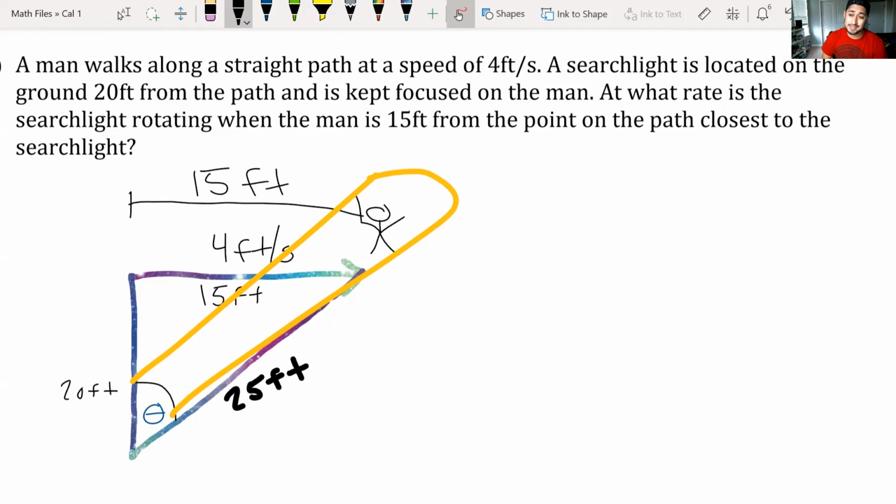So from our angle, we have to figure out what function could represent it. We can start first with sine. If I say sine of theta, remember sine puts opposite over hypotenuse. So sine puts 4 over 25, which doesn't really cover what we need it to do. Or even better, remember I said don't plug in values, because that's wrong.